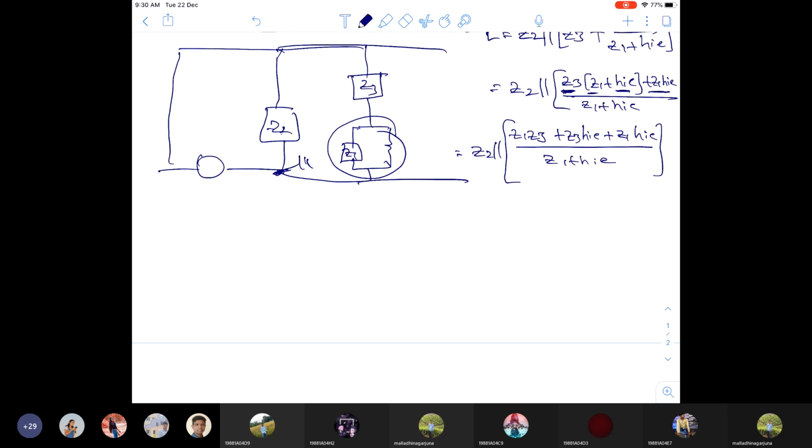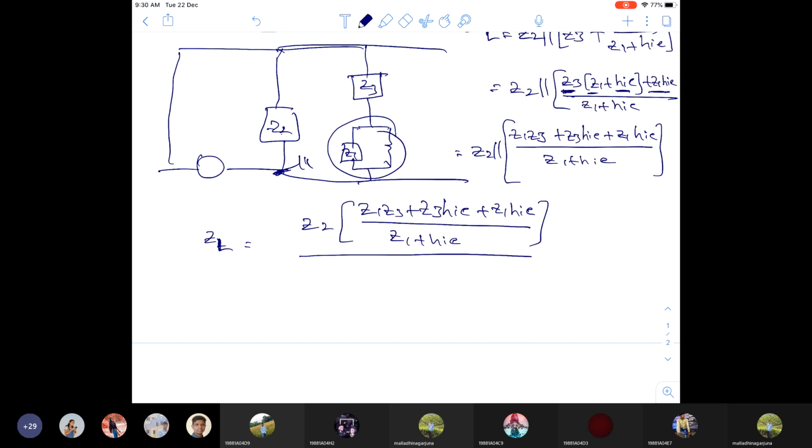Now again, it is parallel to Z2. So now let us take it out. ZL equals Z2 into (Z1 Z3 plus Z3 HIE plus Z1 HIE divided by Z1 plus HIE) divided by Z2 plus (Z1 Z3 plus Z3 HIE plus Z1 HIE divided by Z1 plus HIE).